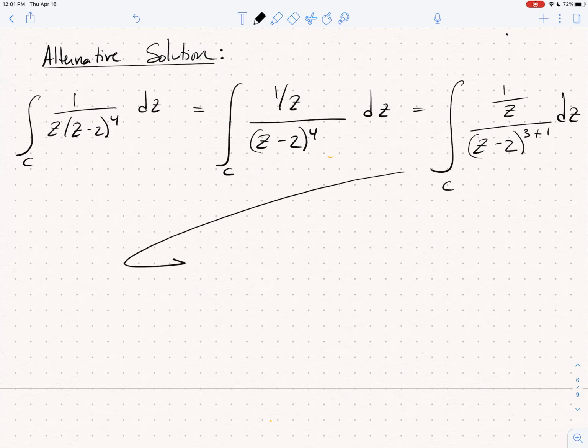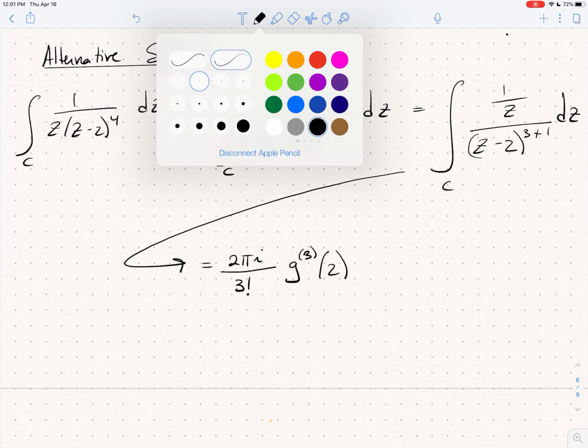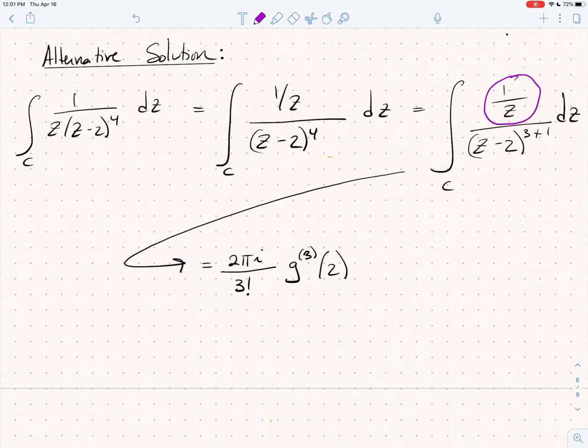And so from Cauchy's integral formula, you know that this is exactly 2 pi i over 3 factorial times the third derivative of my function g, which I haven't told you what it is, evaluated at 2, where this function is my g of z. And this works as long as g of z is analytic on and inside c, which it is.